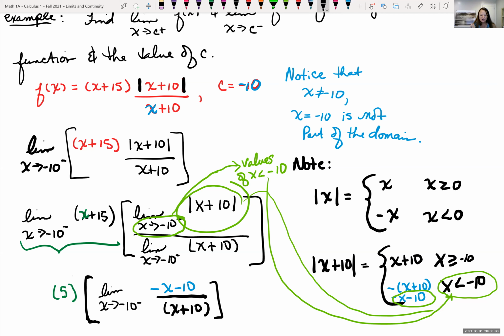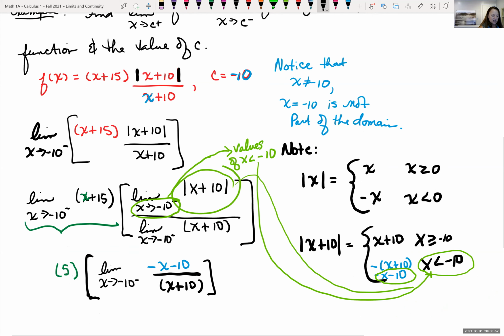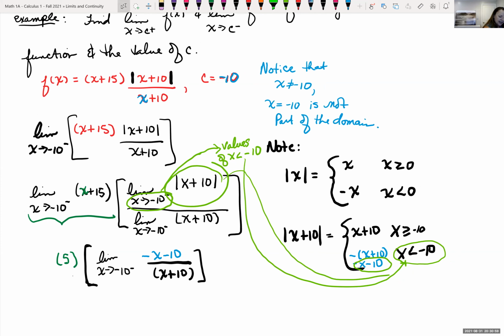Those are almost identical. And if I plugged in negative 10 right now for that limit, I would get that 0 over 0, that indeterminate form, which we don't like. And so one of the ways to deal with that is factoring and canceling like factors. I'm going to bring down my 5 from that first limit.